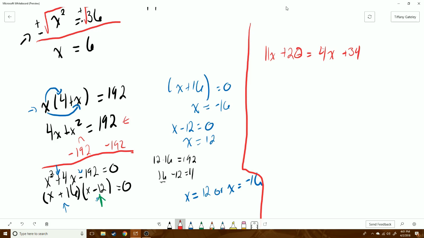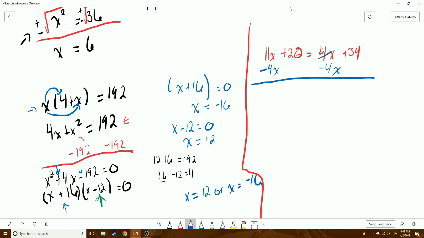Well, I would move the 4x over to the 11x side, and you would do that by subtracting 4x from both sides. So minus 4x, minus 4x.